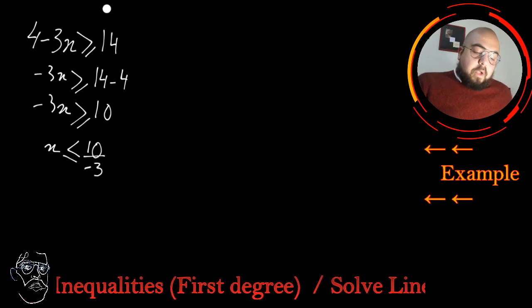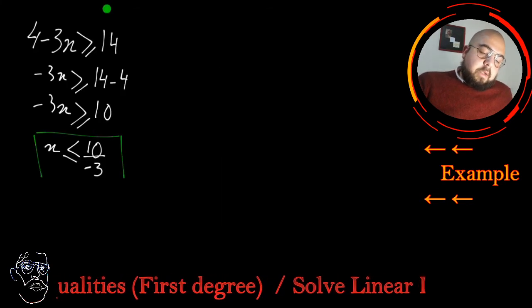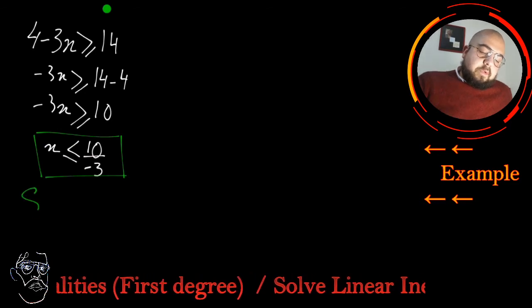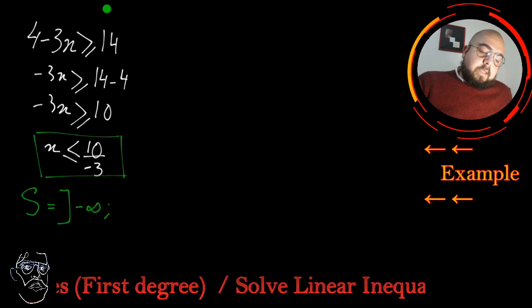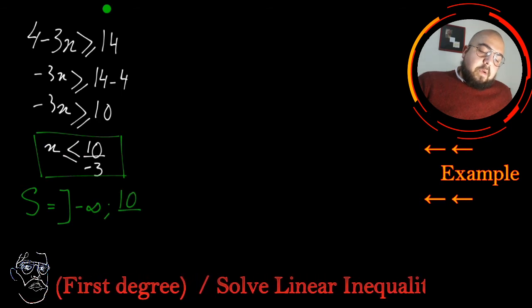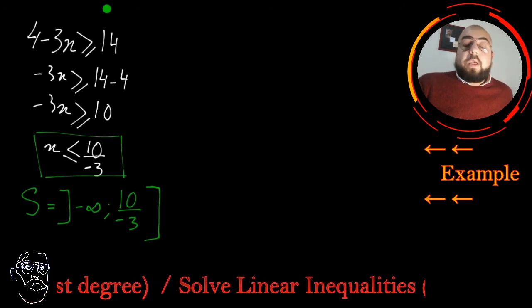So this is my solution, which could be written as from minus infinity until 10 over negative 3. The brackets are closed because it could be equal.